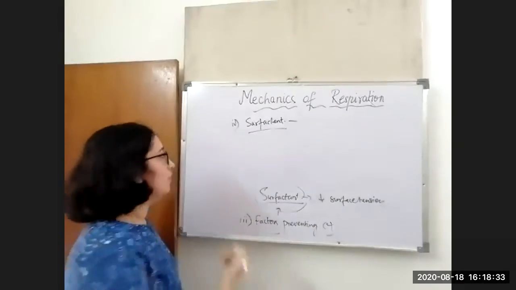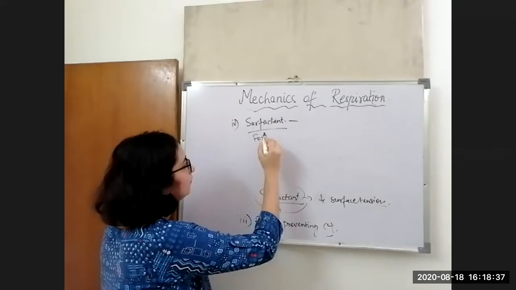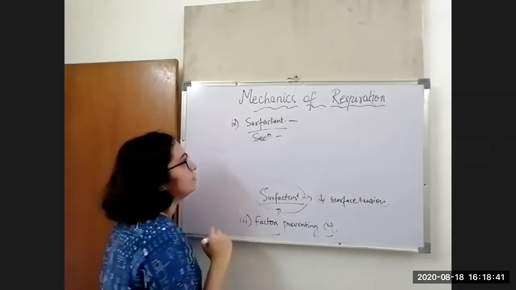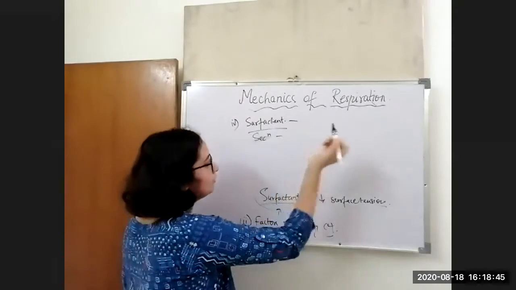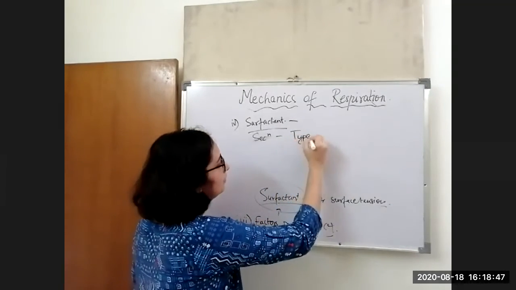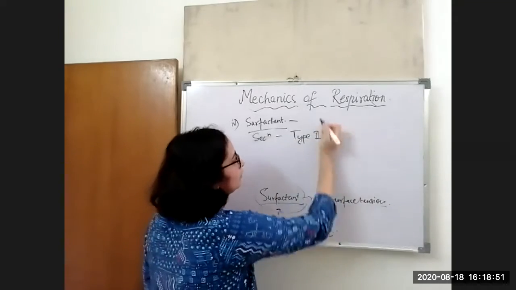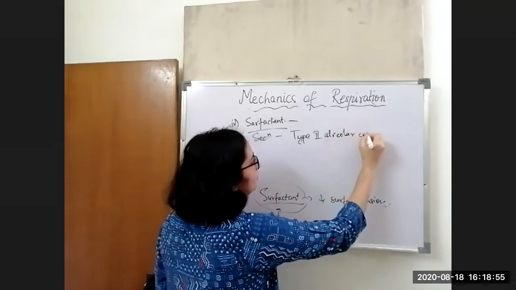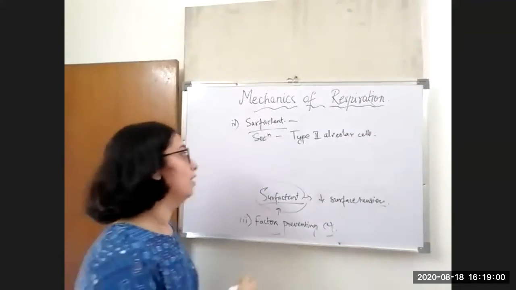We have already discussed the formation or the secretion. Surfactant is secreted from, as we have seen in the first chapter, the type 2 alveolar cells.